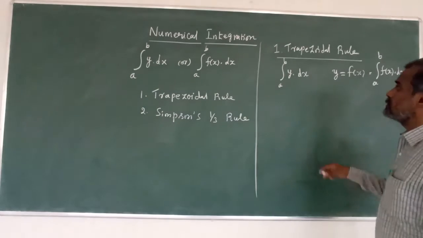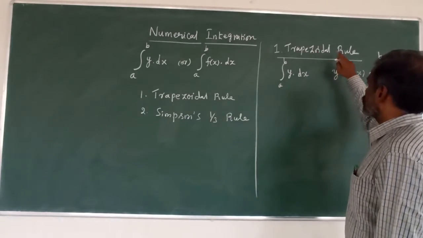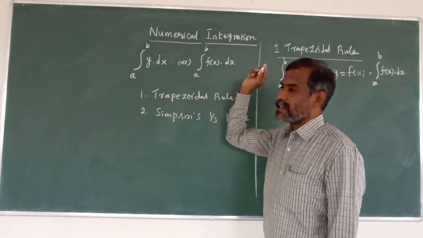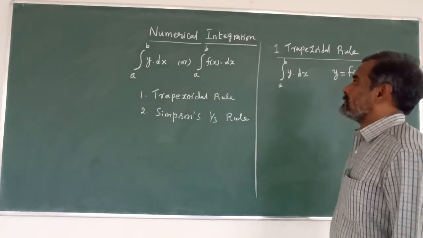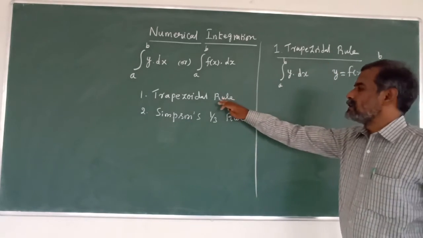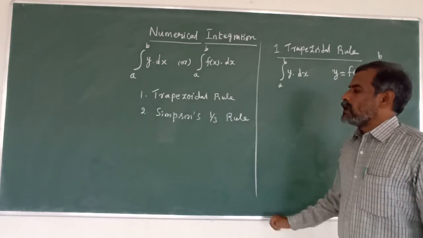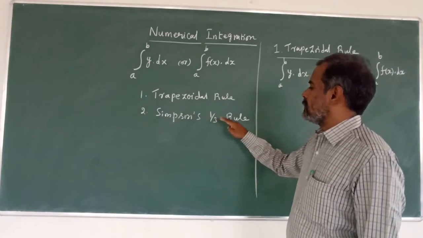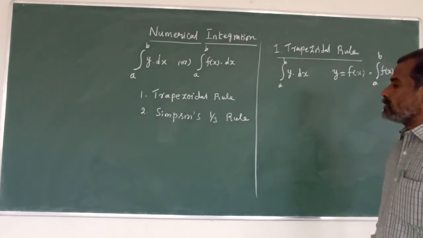Okay. Now, to solve the given numerical integration problem, we use either the trapezoidal rule or Simpson's one-third rule. First, the trapezoidal rule.